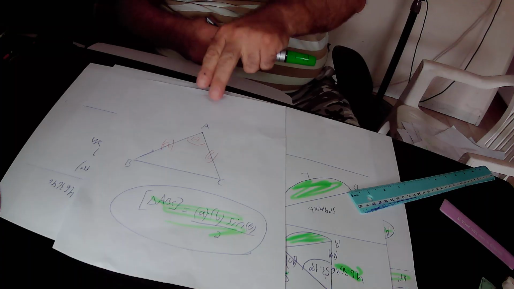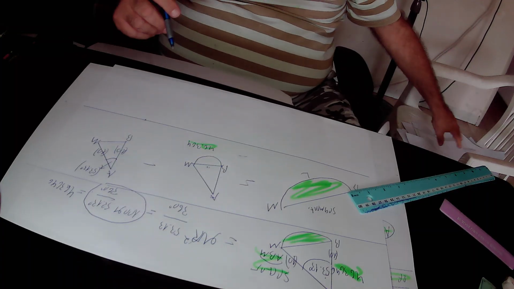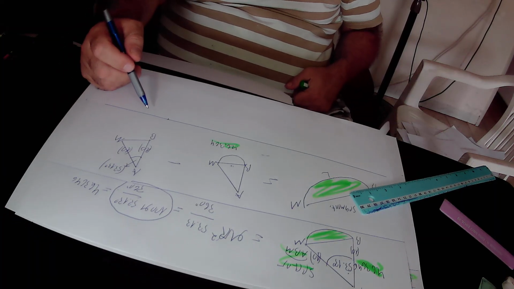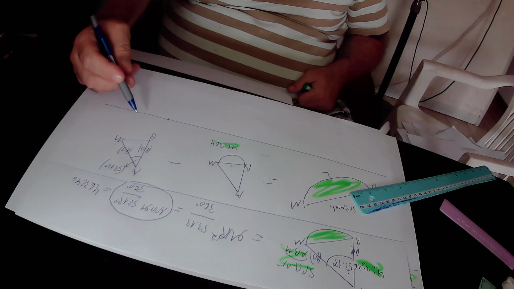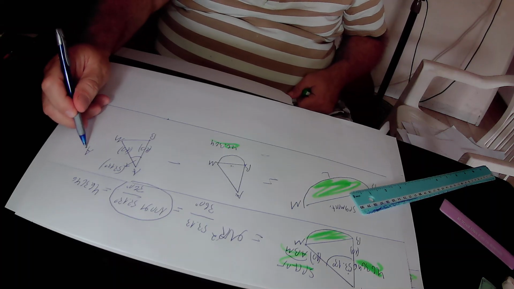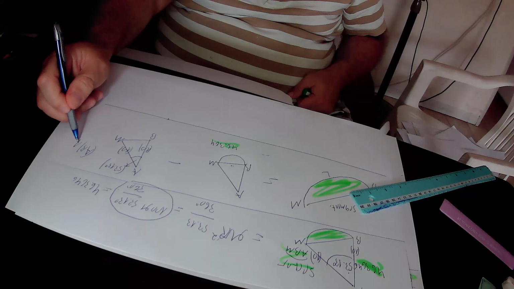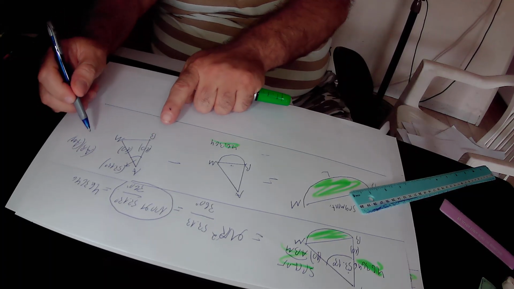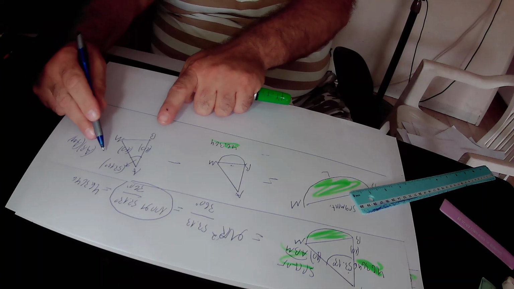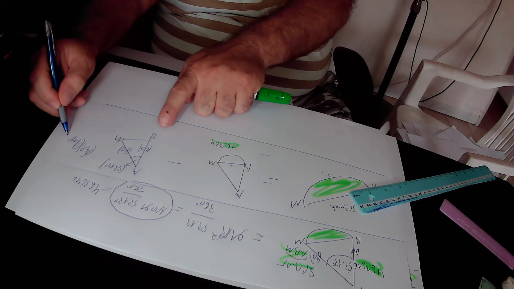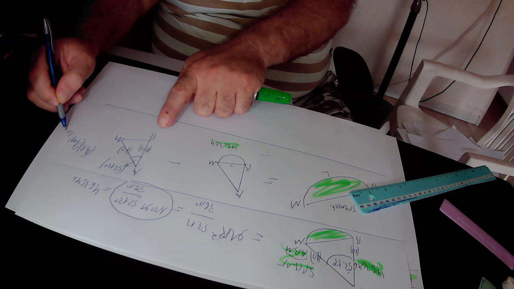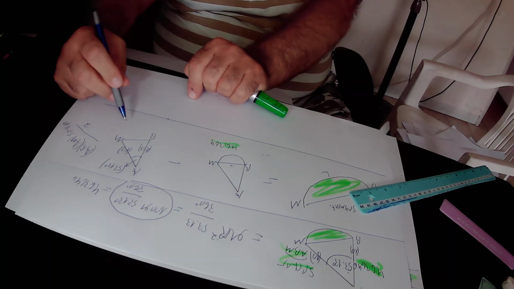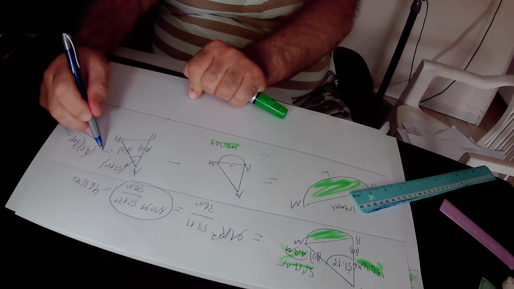So we use the new formula in order to find out the area of this triangle ABM. According to the new formula, the area of triangle ABM will be equal to AB times AM, that is the multiplication of two sides, times the sine of the angle between those two sides, 53.13 degrees, over 2.